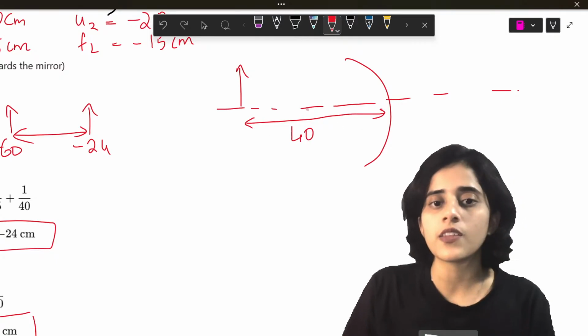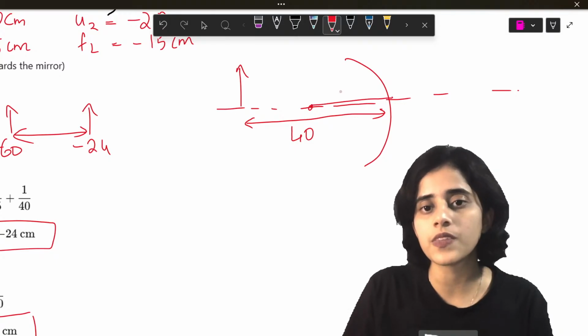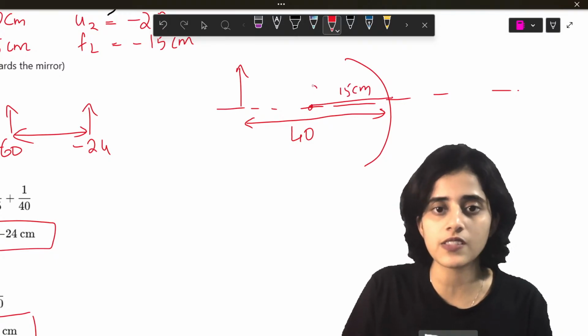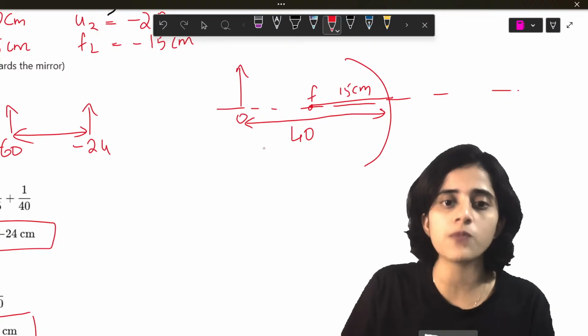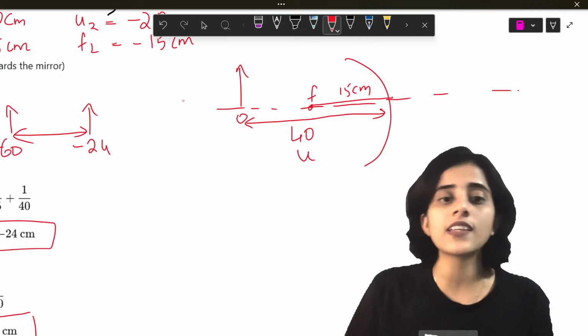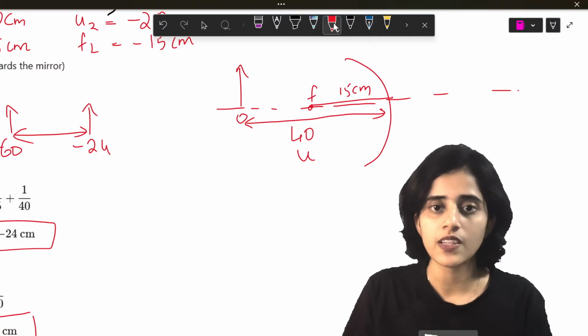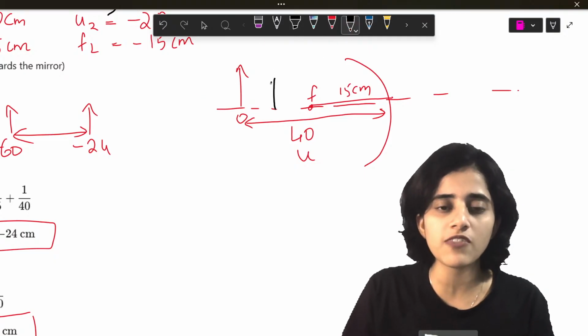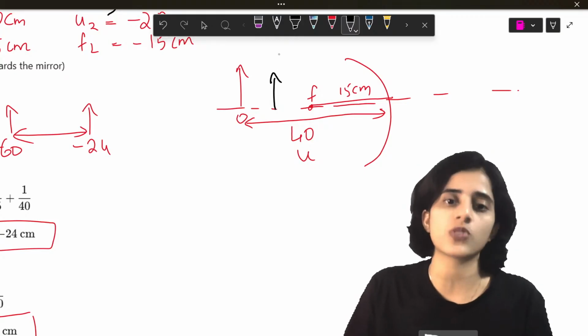The focal length of the mirror is 15 centimeter. This is F, this is the object. So this 40 centimeter is your U. I have to find out where the image is going to be formed. Ideally the image will be formed somewhere here, but I have to find that out.